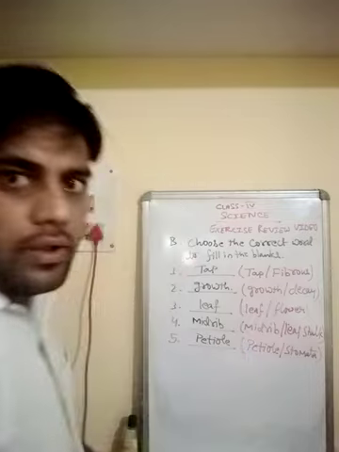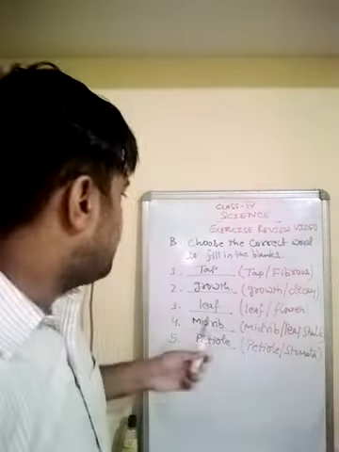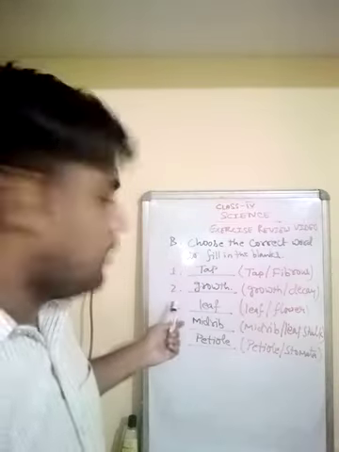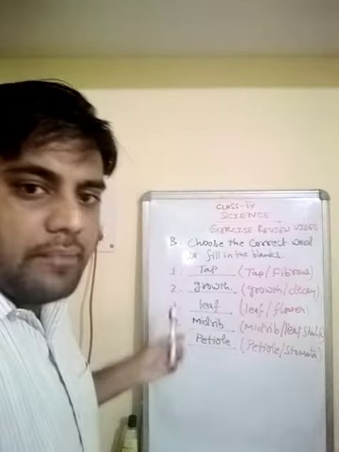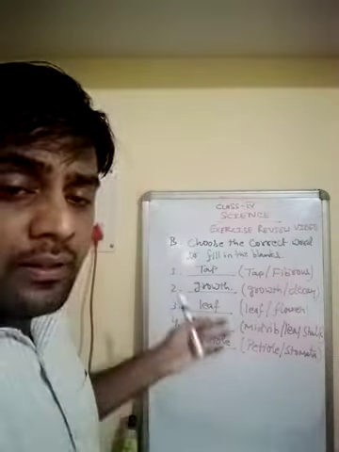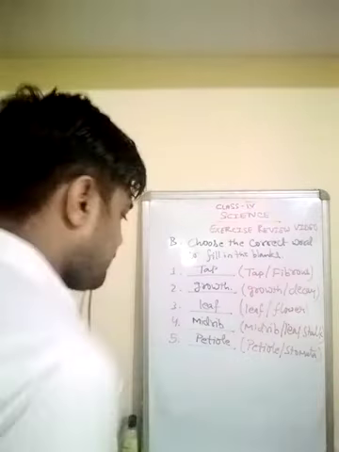Your correct answer is petiole. So your answers for all the fill in the blanks are: number 1 tap, number 2 growth, number 3 leaf, number 4 midrib, and number 5 petiole. The spellings are in the options itself. You can copy it from there.